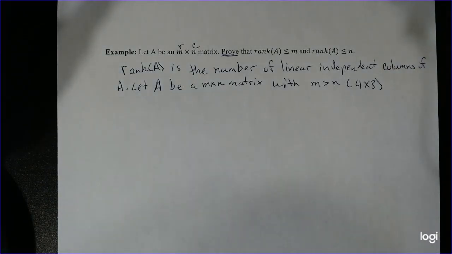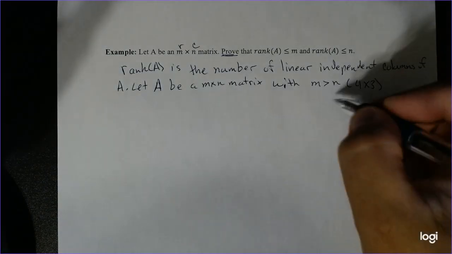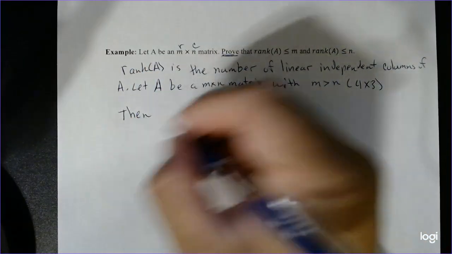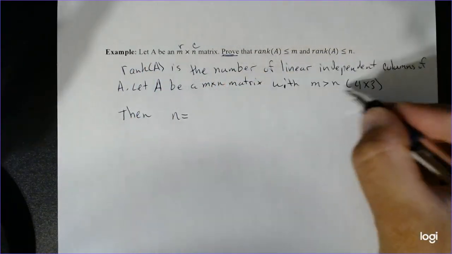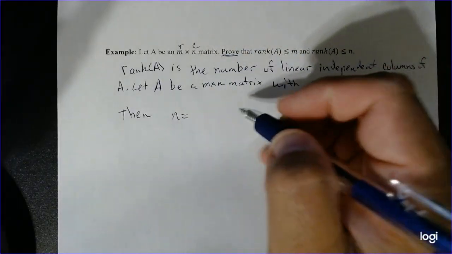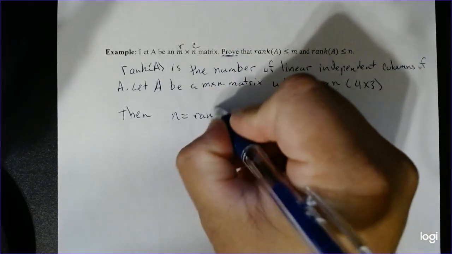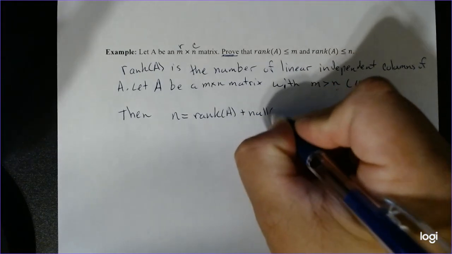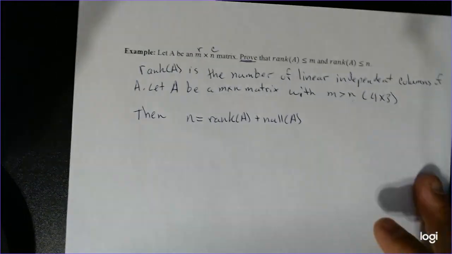So if this is true, then n, the number of columns, is equal to the rank of A plus the nullity of A, like the equation I just gave you.